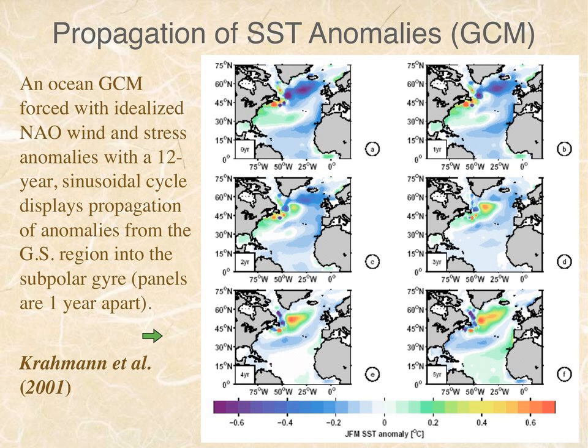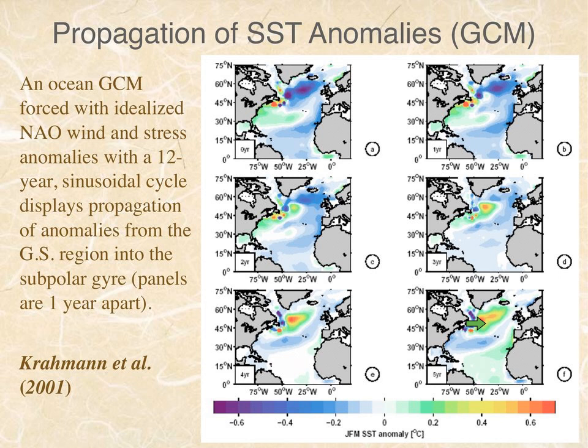And just to remind you, here are the figures from Krumin et al. from 2001 that show this kind of a propagation of a warm anomaly from the subpolar gyre into the subtropical gyre, turning into a full-blown warm subtropical gyre.